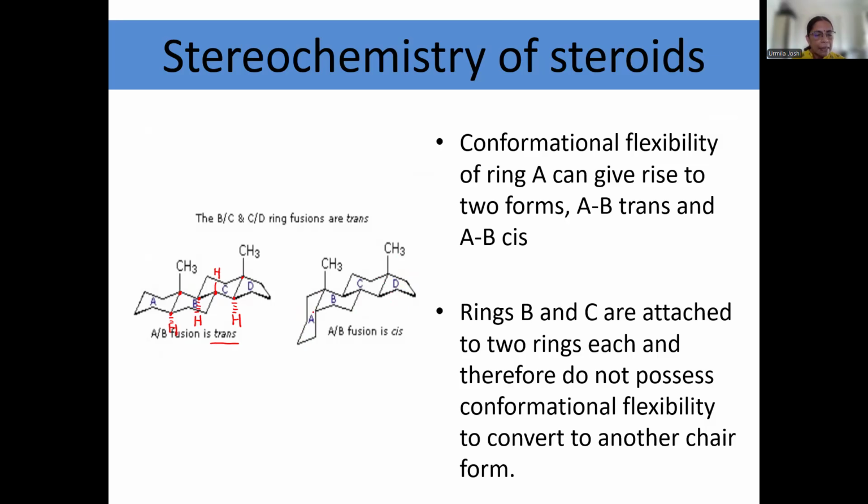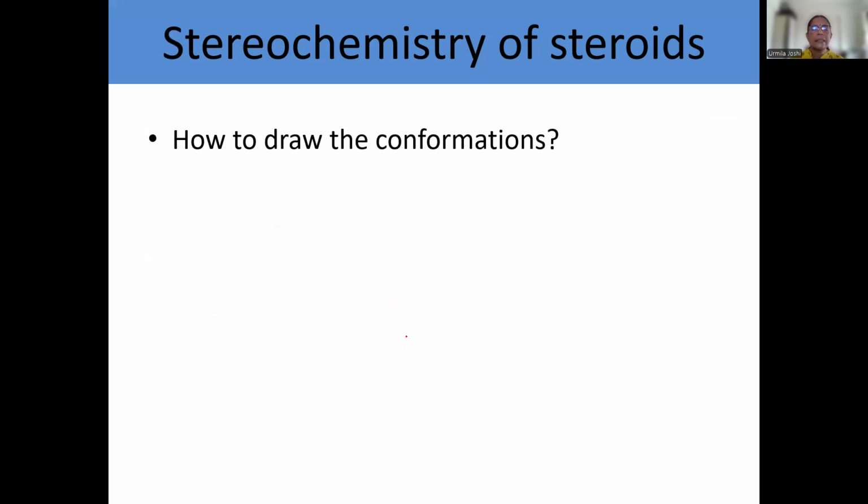But A ring can go from one chair conformation to the other chair conformation. Okay. Now, these are drawn over here, but it is very important that you learn to draw these conformations. And so, let us see how to draw these conformations.